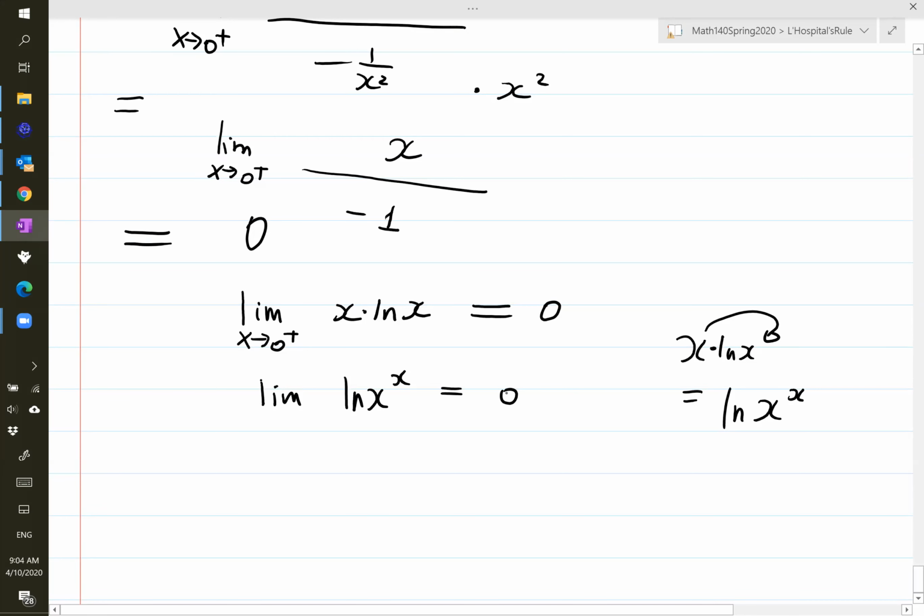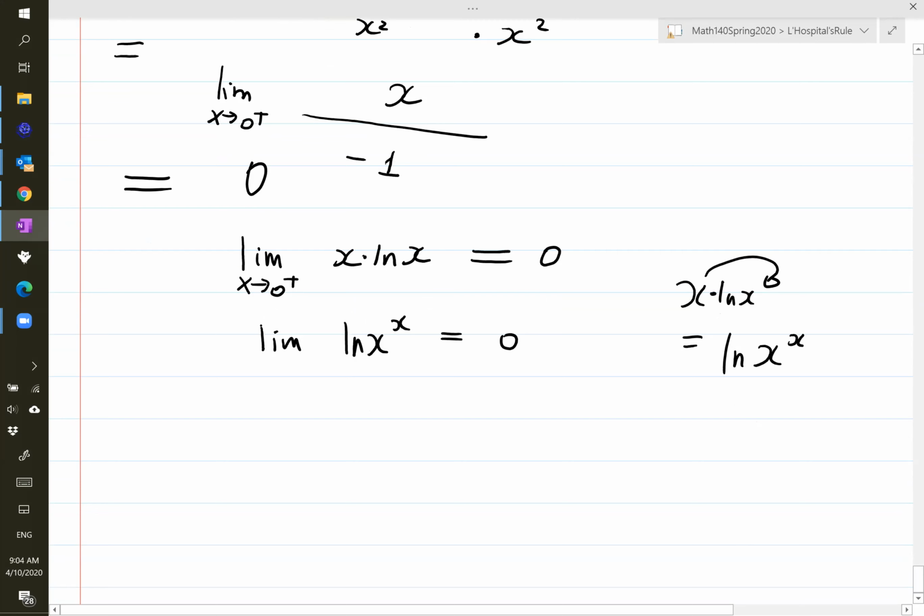Remember, log is continuous, so we can switch the limit with log. So we use log of the limit as x approaches 0 from the positive side of x to the power x, which is 0.